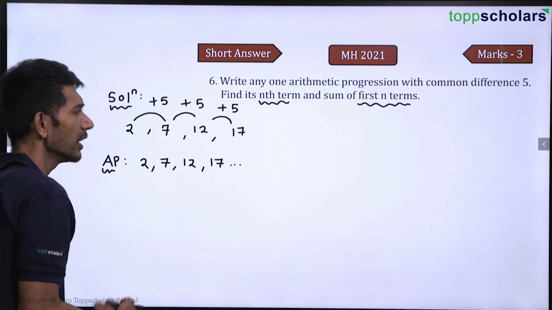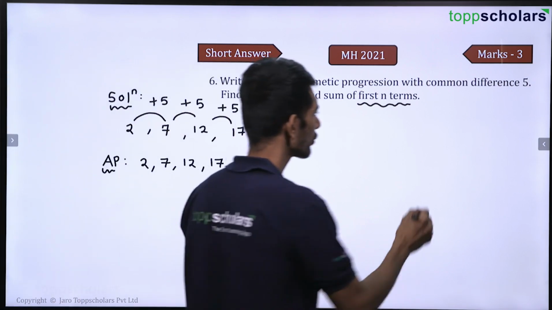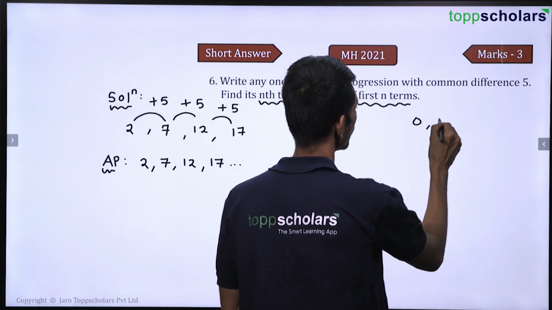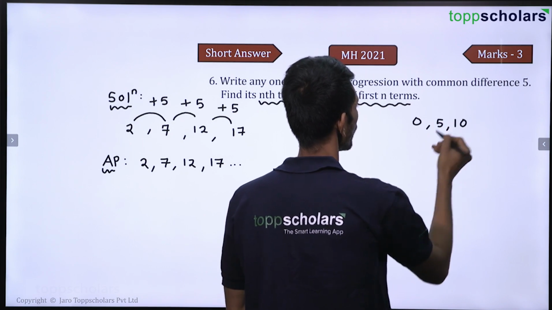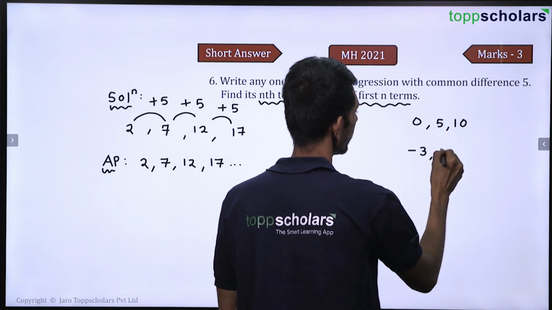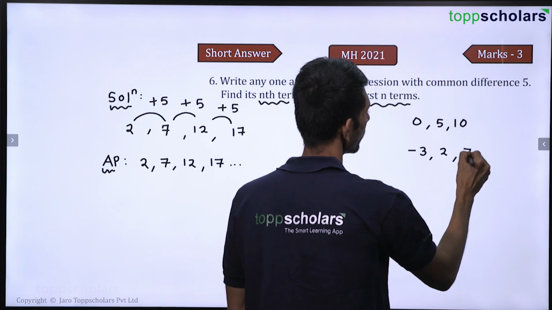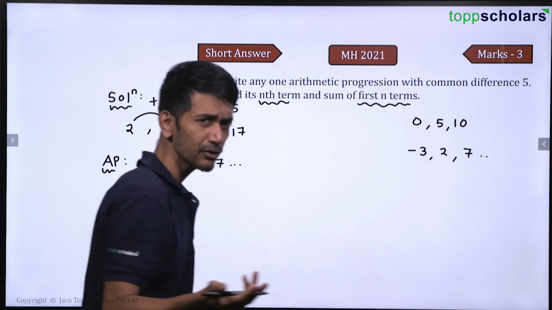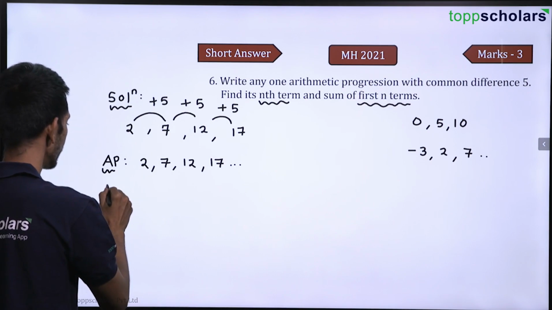If you want, you can take some other AP. You can also start with 0, 5, 10. You can also start with minus 3, then 2, then 7 and so on. So that's your choice.